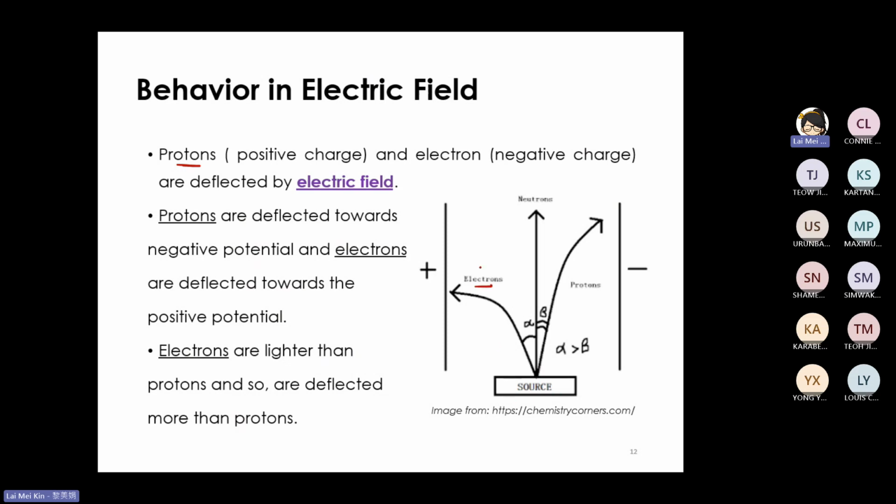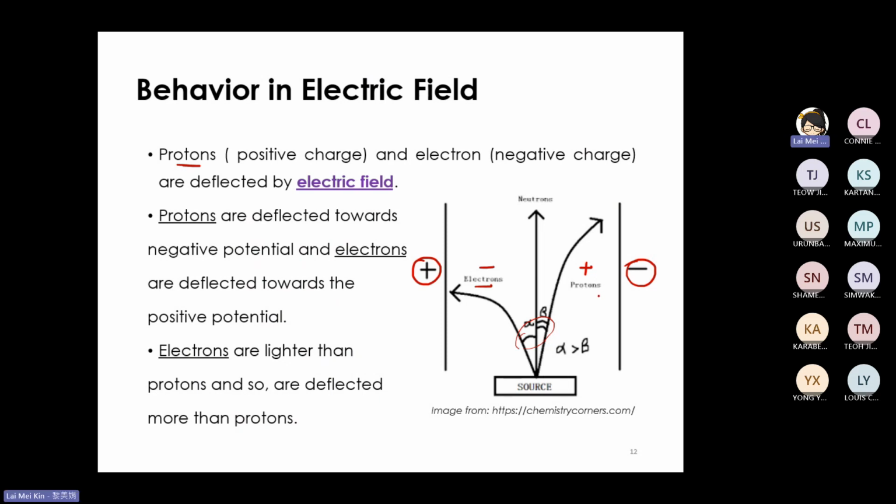Electrons, negatively charged, will be bent to the positive terminal. Likewise, positively charged protons will bend to the negative terminal. Can somebody try to explain why the angle of the electron is like this and the proton is like that?